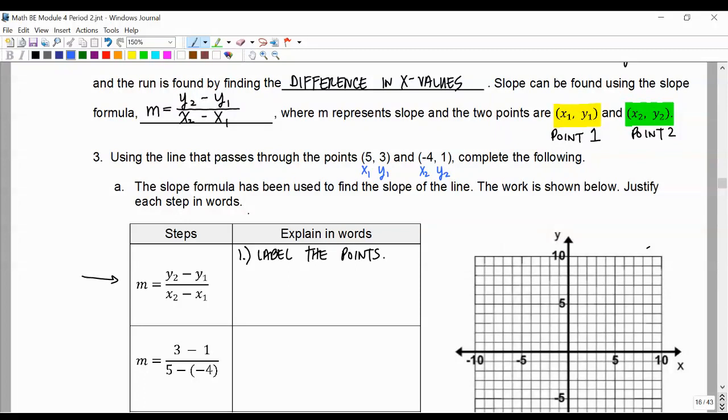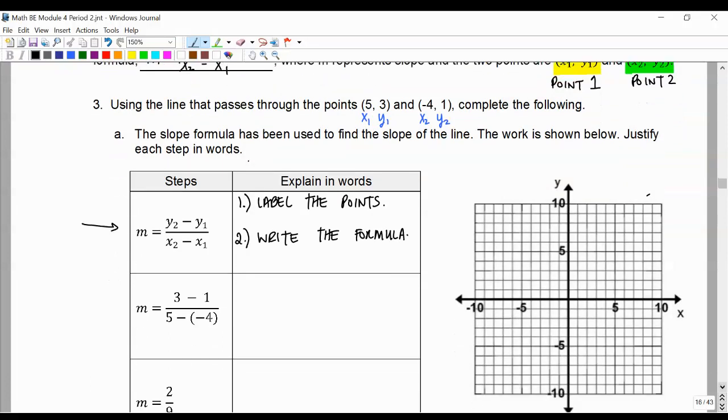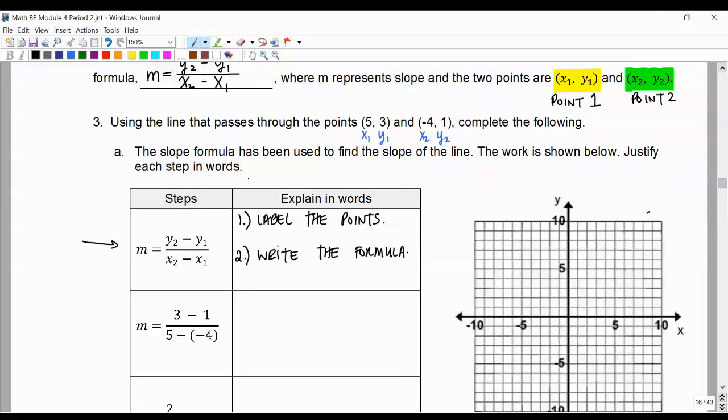Step 2 in the same box is write the formula. I know that begs the question of, do I need to write the formula every time? Eventually, no. But for today, I would show these steps. We're going to label the points, and we're going to write out the formula.